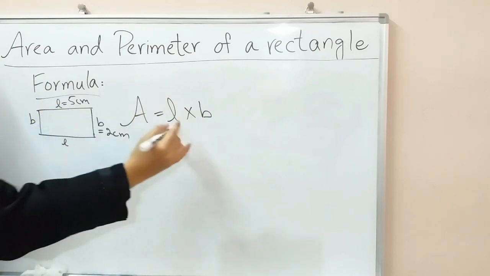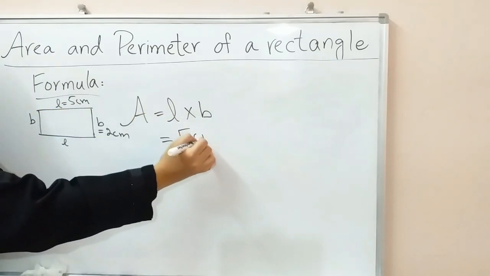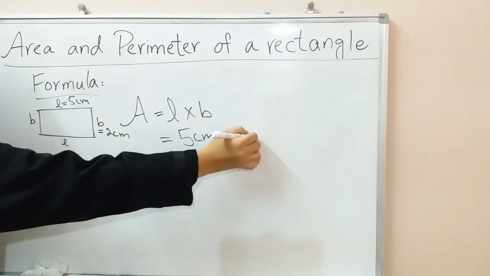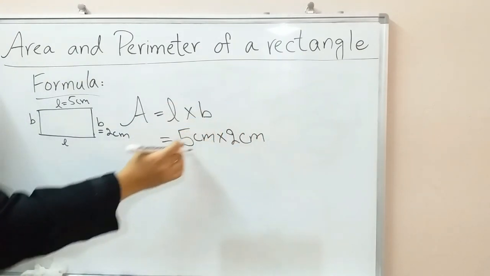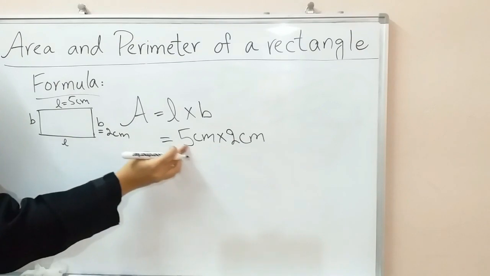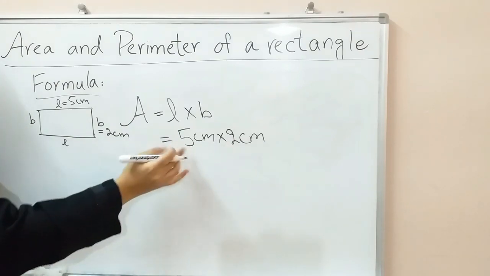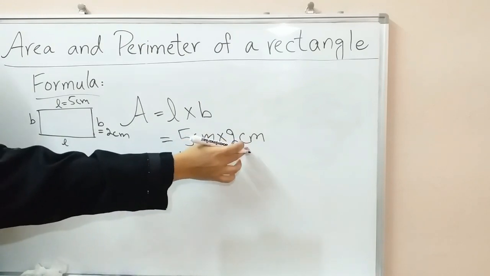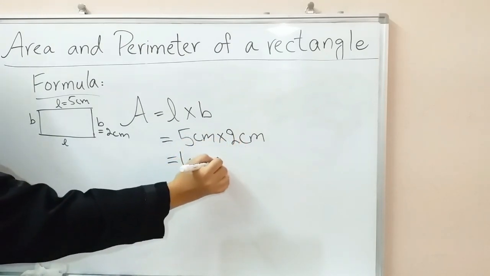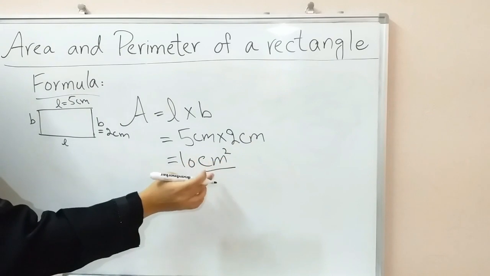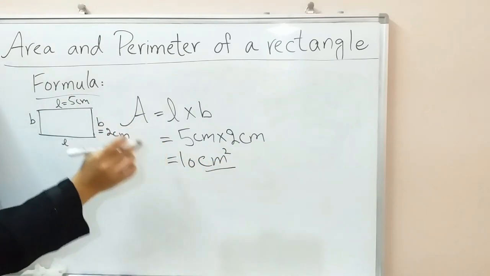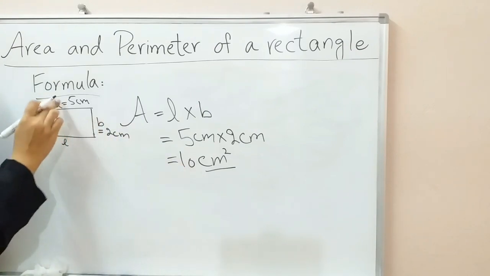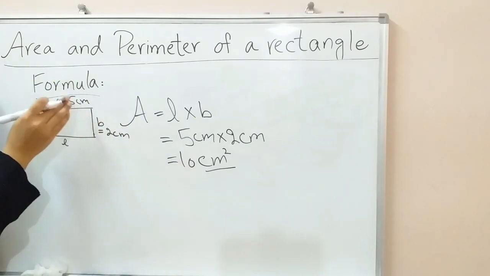For length, you will write 5 centimeters and for breadth, you will write 2 centimeters. And you have to multiply this number by this number. 5 twos are 10, and centimeter multiplied by centimeter will be centimeter square, and this is the unit of the area. The unit of the area is always the square of the unit of the shape, the unit of the length.